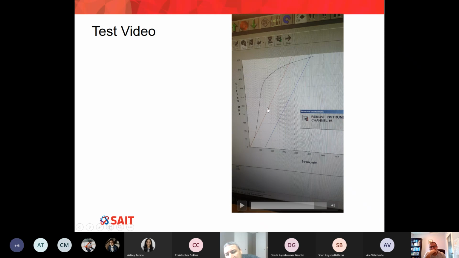The red is the tangent at the start of the curve. And the blue is the offset at 0.2%. You guys remember when I go with the 0.2% along the blue and I go until this meets the black curve? What can I read here? What is my reading here? It's the yield strength. Thank you, sir.